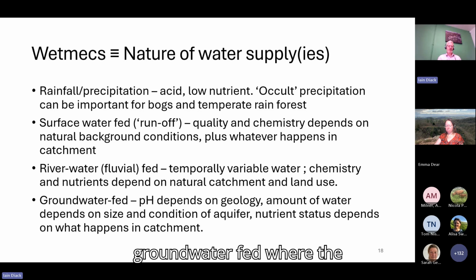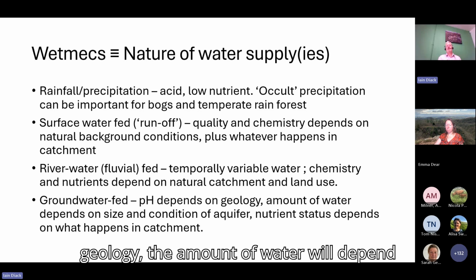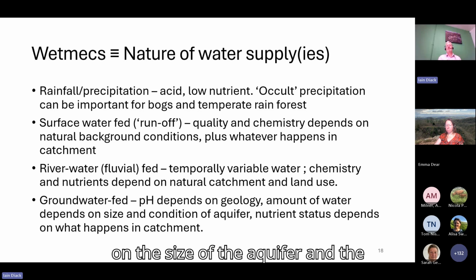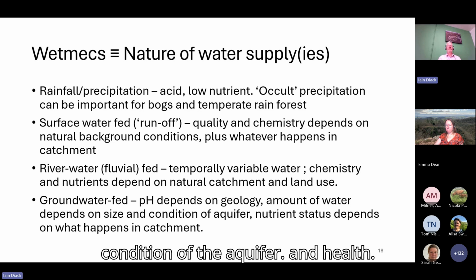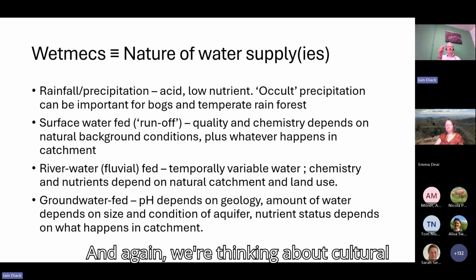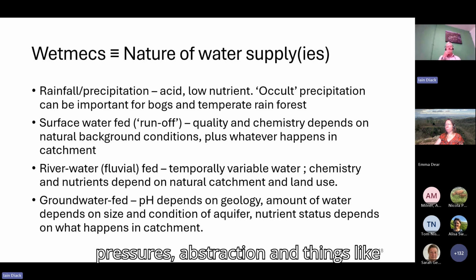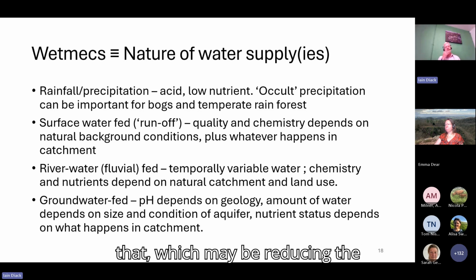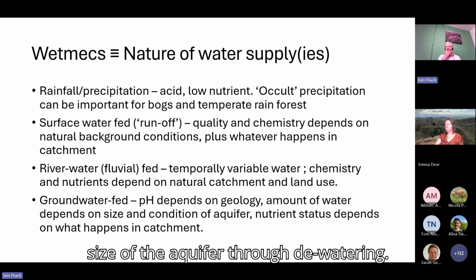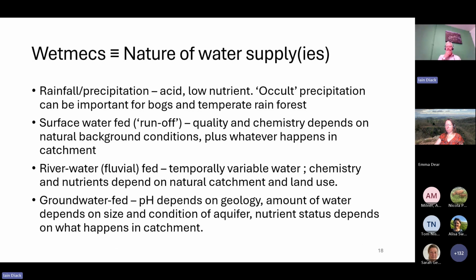And finally, groundwater fed, where the pH will depend largely on the geology. The amount of water will depend on the size of the aquifer and the condition of the aquifer. And again, we're thinking about cultural pressures, abstraction, and things like that, which may be reducing the size of the aquifer through dewatering.